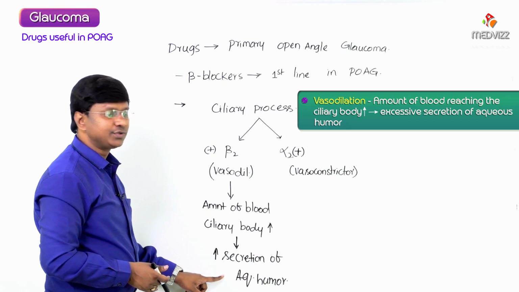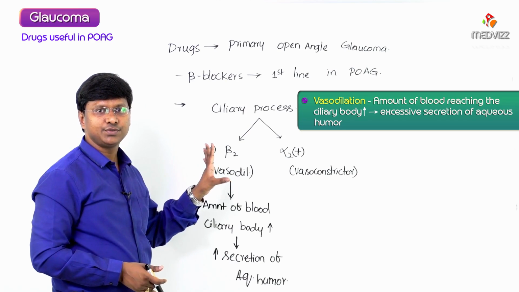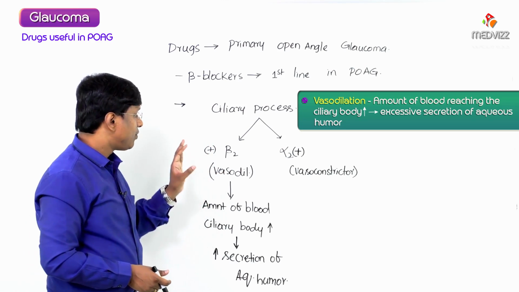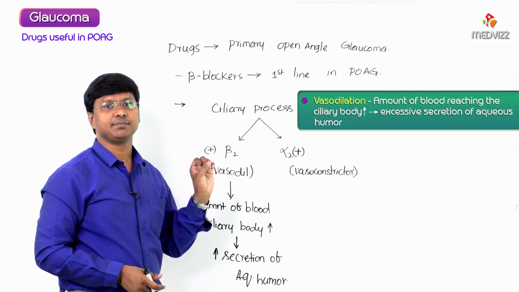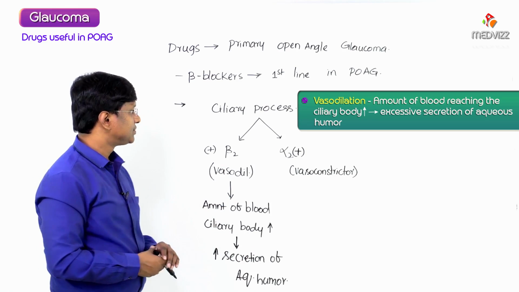So what you try to do is block the beta 2 receptors. Once these beta receptors are blocked, the aqueous humor production will be reduced.